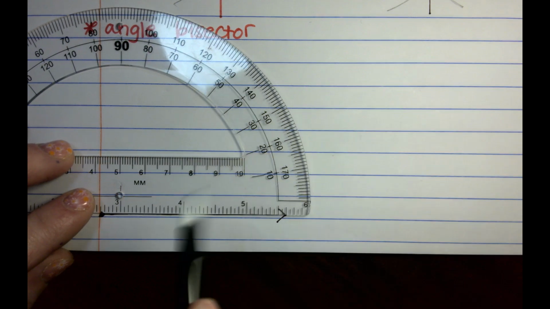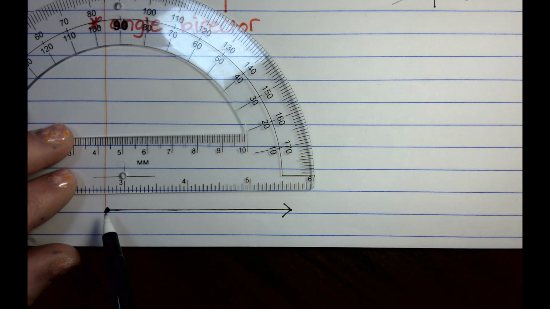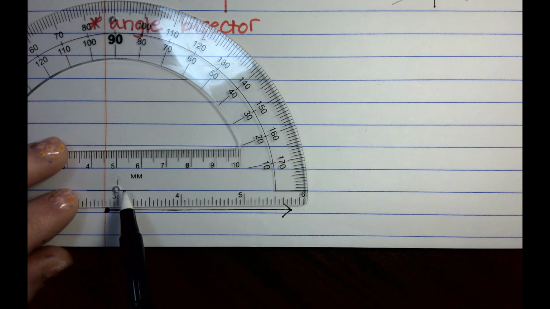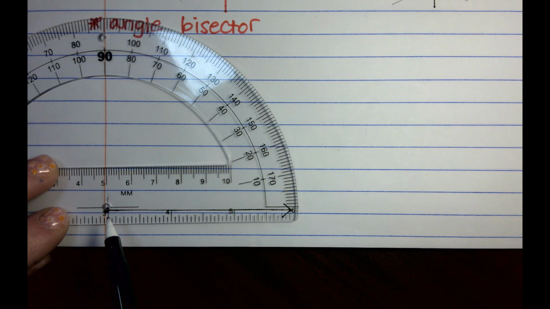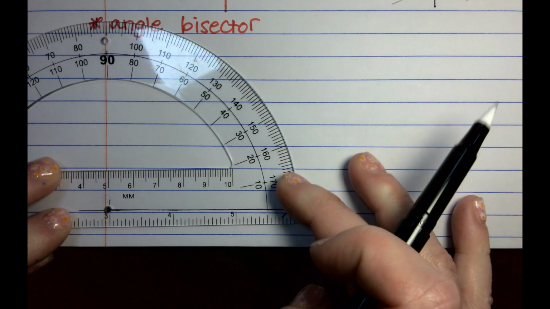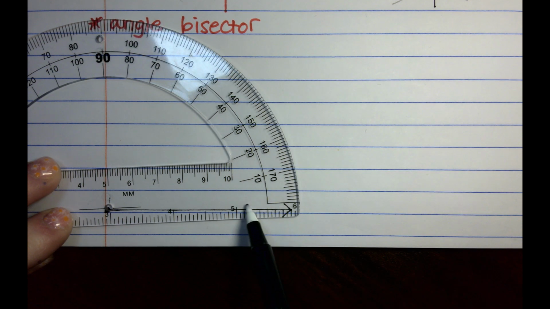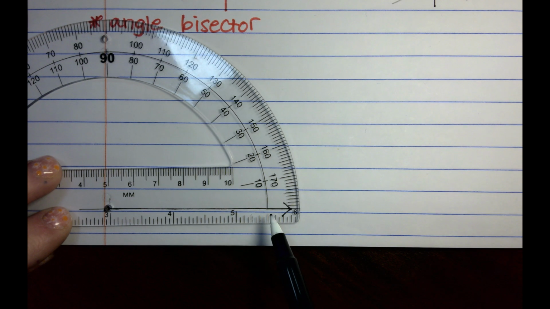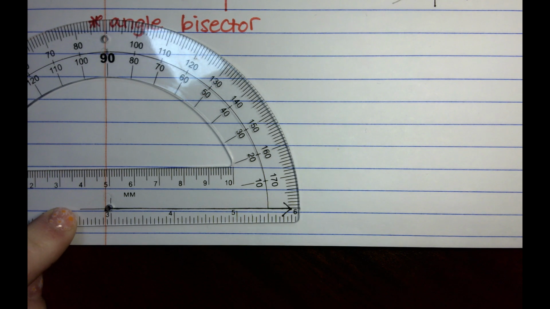So I want my end point, which will become a vertex in a moment, lined up with the hole above 3. And then I want my end with the arrow to line up at 0 right here on the outer edge. See that? Okay, everybody got this so far?